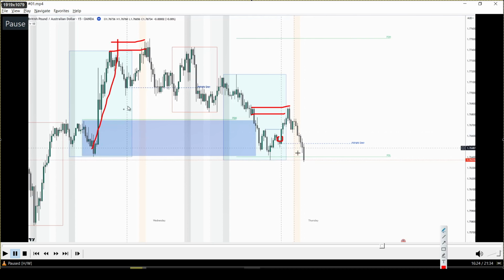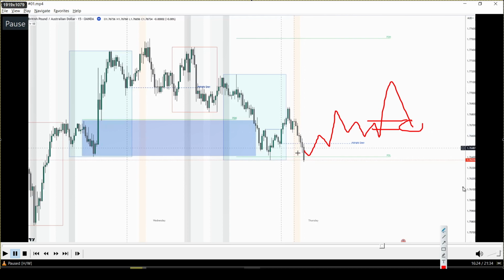Yes, we are structurally in one range, but then we developed so much internal structure that now, because of this specific break, because of this specific zone that could be mitigated and could see a reaction to continue to the downside, is it a good context? Not so good. Yes, it's possible to make an attempt for an early entry, but keeping in mind that this is the early entry. And as I said before, this kind of entry would be much better.